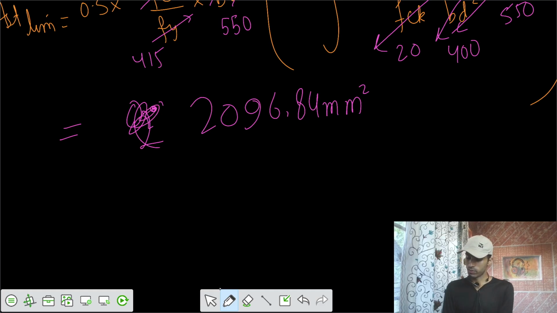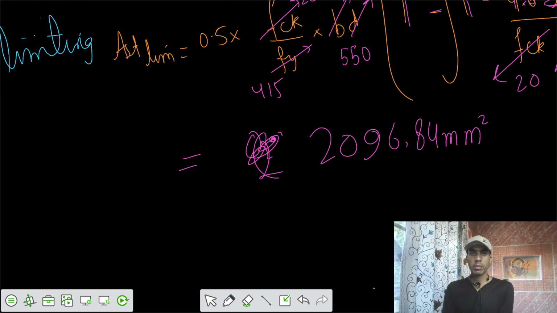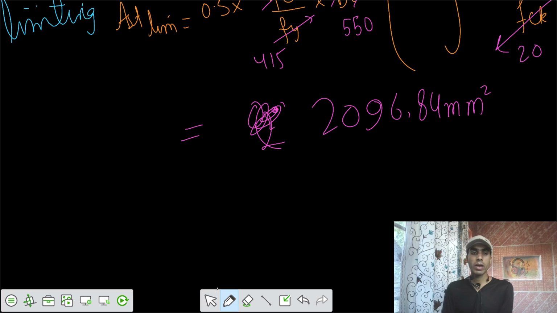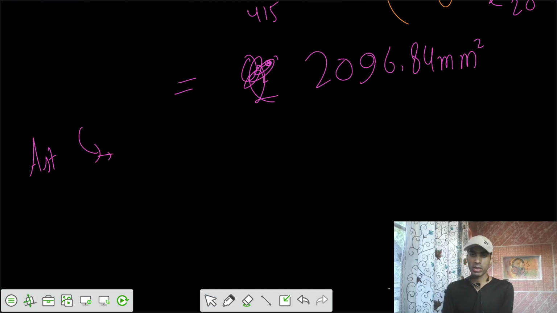One more way we can get AST is from the tensile equation with respect to limiting moment.